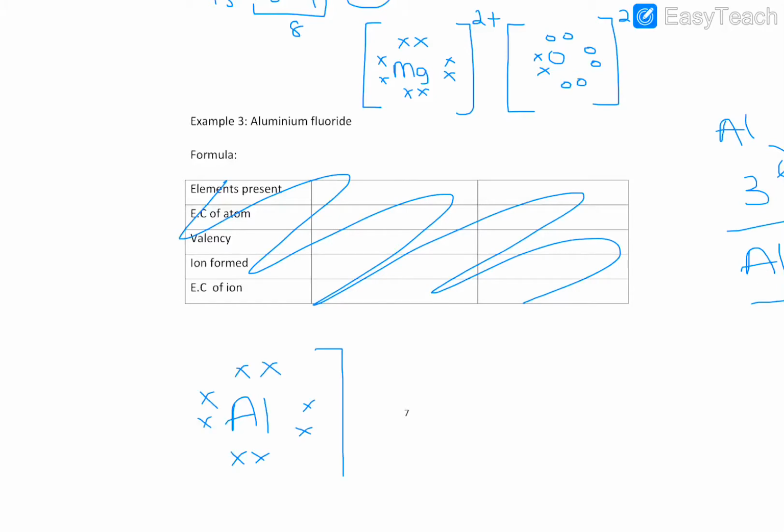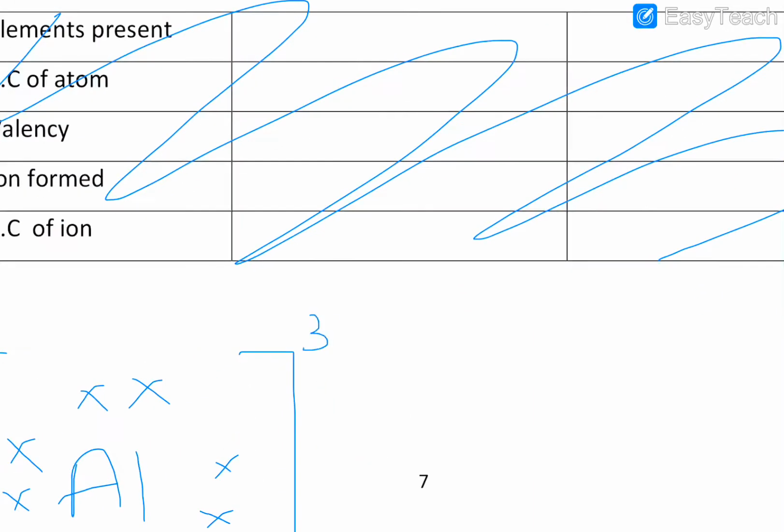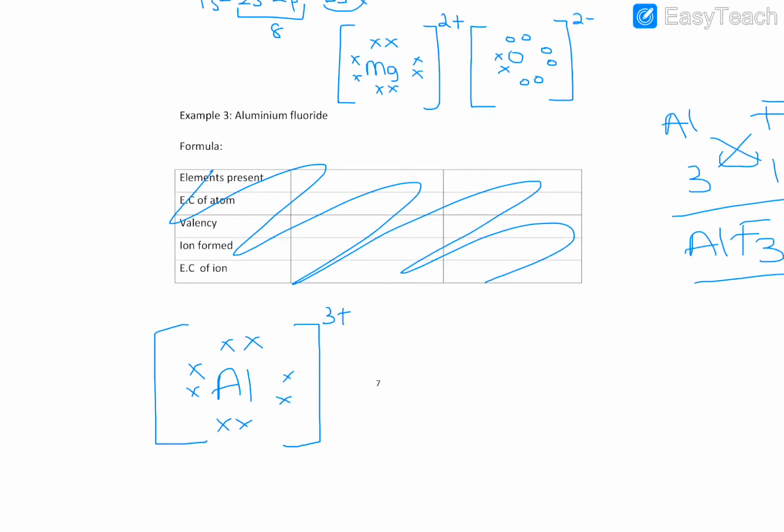But because it is in group 13, so group 3, it will lose 3 electrons. So Al3+. So the charge depends only on the valency of that element. And outermost electrons definitely will be 8 because these are the electrons in the inner shell.